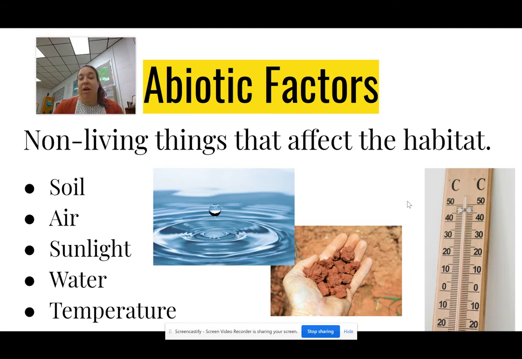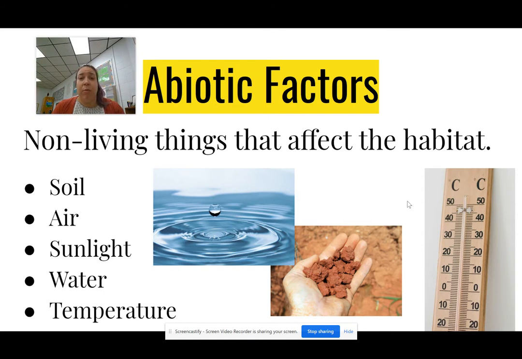So we're talking about things like the soil, the air, the temperature, water, sunlight, things like that that definitely affect the ecosystem or the habitat, but may not necessarily be alive. And even though there might be living things inside of the water or inside of the soil, that doesn't necessarily give them life itself.